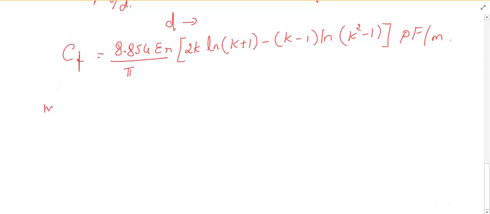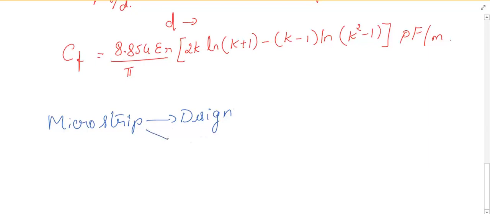In the microstrip line, I'll just brief the things we had seen: its design or construction, and then the radiation pattern, which is very important. Don't get confused with the antenna radiation, but it is how the magnetic and electric fields are transferring. Next we had seen the characteristic impedance, the expression we derived for it.